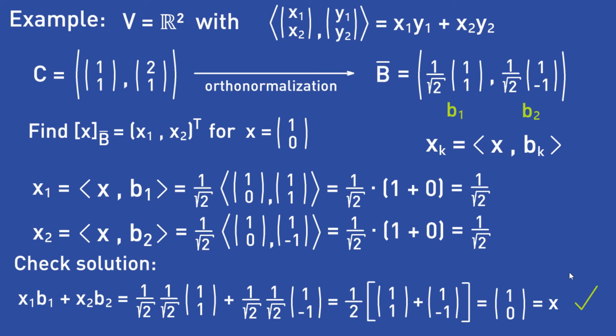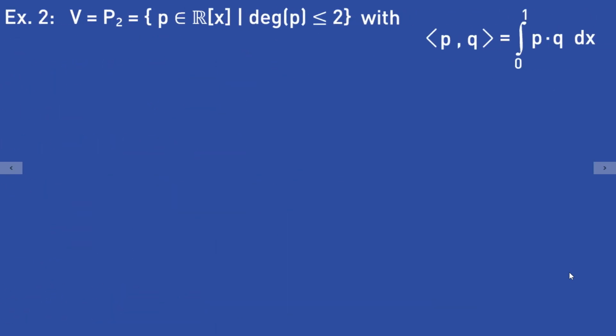Let's take a look at something more difficult. Let P2 be the vector space of all polynomials of degree smaller or equal 2, together with the following scalar product. So the scalar product of a polynomial p with a polynomial q is equal to the integral from 0 to 1 of p times q.